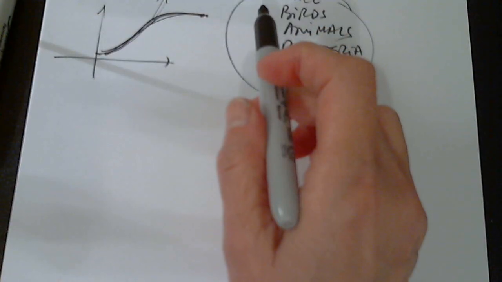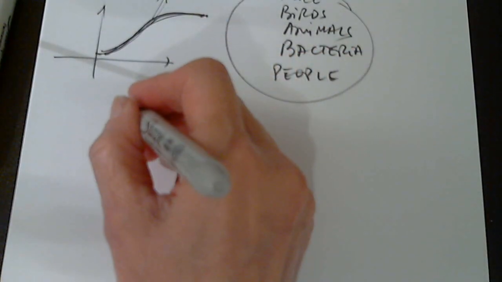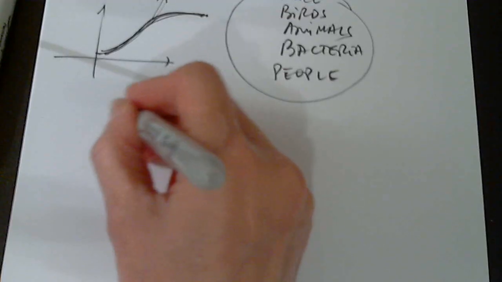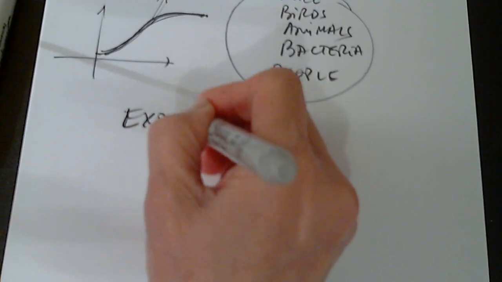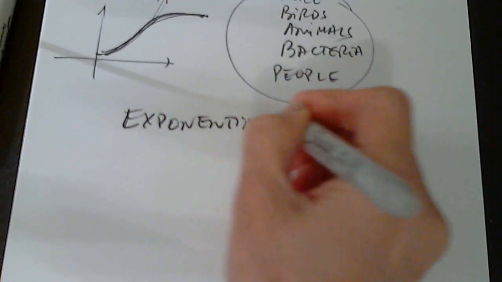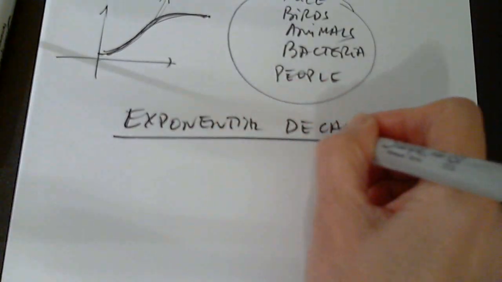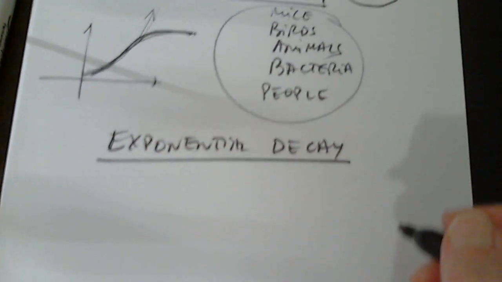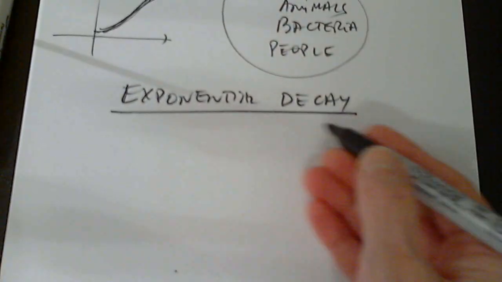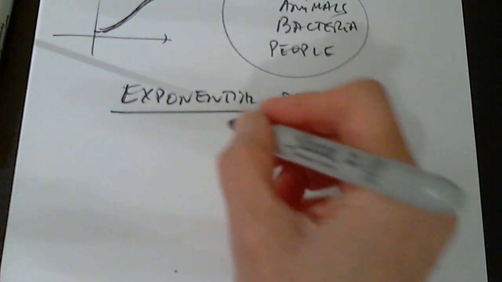Similarly to the exponential growth model, there is something called exponential decay. Okay, if mice and birds grow exponentially, what decays?